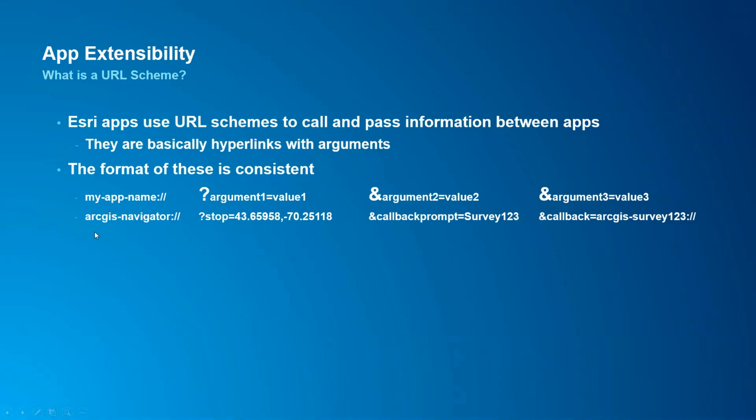Just having that in a hyperlink will launch Navigator, but passing in these parameters allows you to add in functionality. For example, it's passing in a particular stop and it's passing in a callback prompt. So when you launch into Navigator, it will basically give you a back button that will bring it back to Survey123.